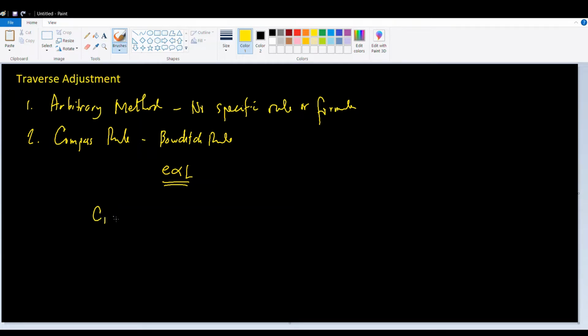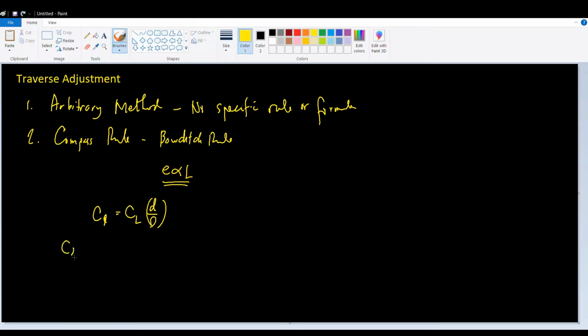C sub l refers to the correction for any course. C sub l is equal to C sub capital L times d over D, where C sub l refers to the correction to be applied to the latitude of any particular course.